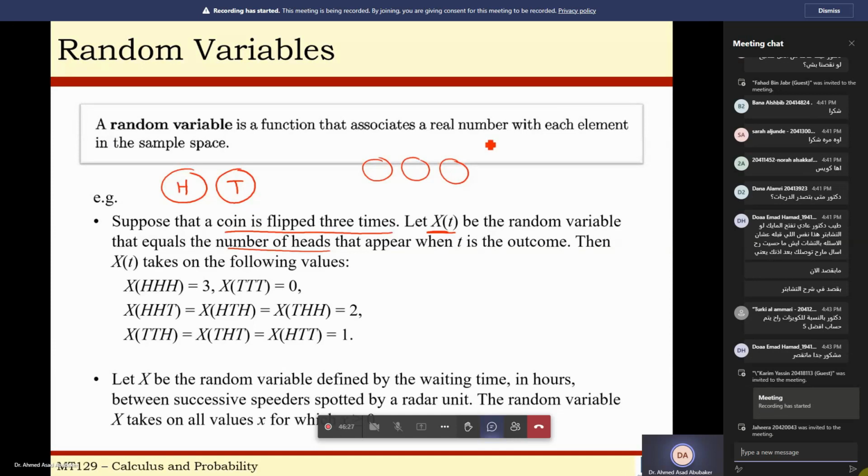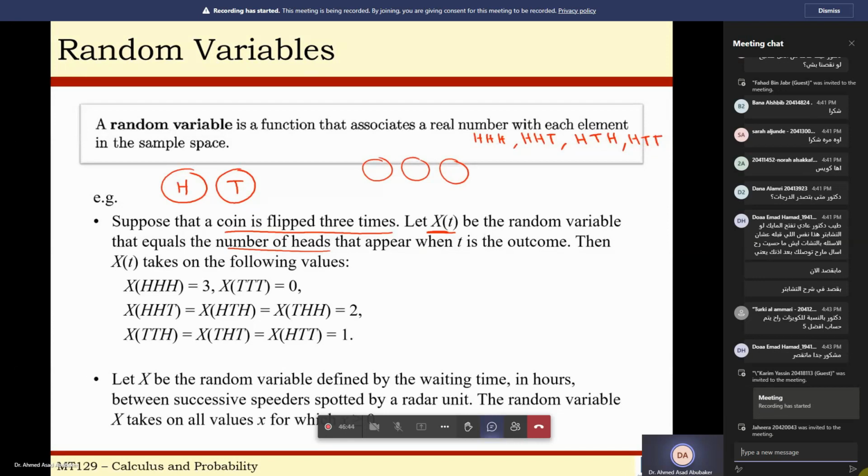The number 1 is HHH, number 2 is HHT, number 3 is HTH, or HTT.